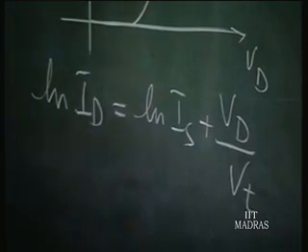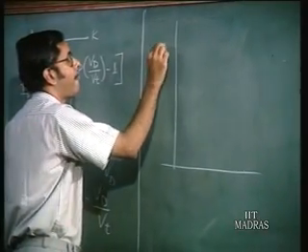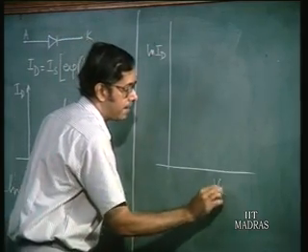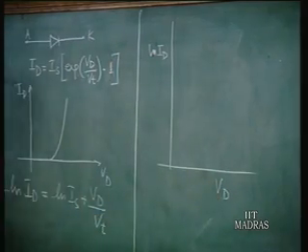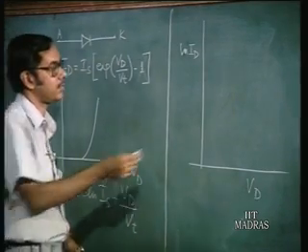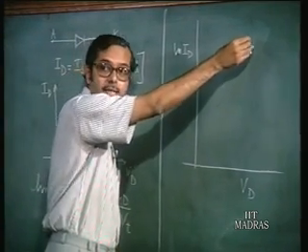Now, if you plot ln of Id, you should get a straight line.